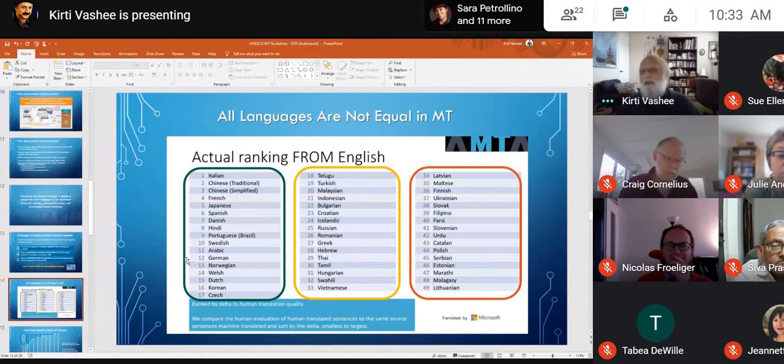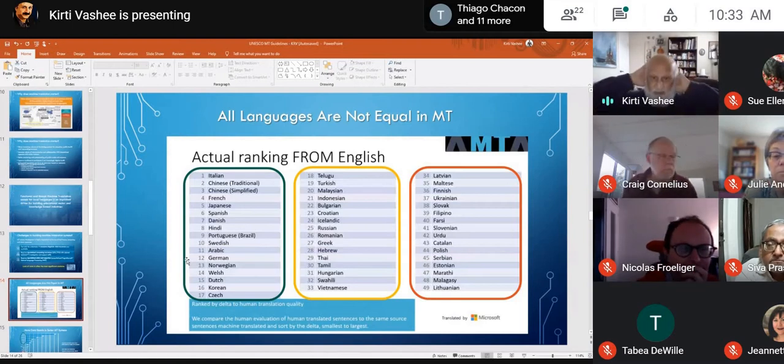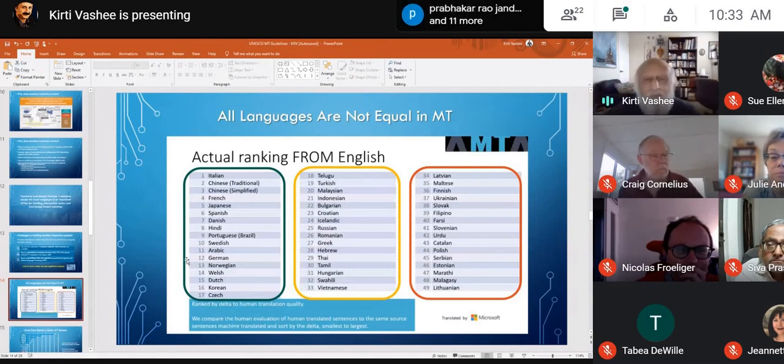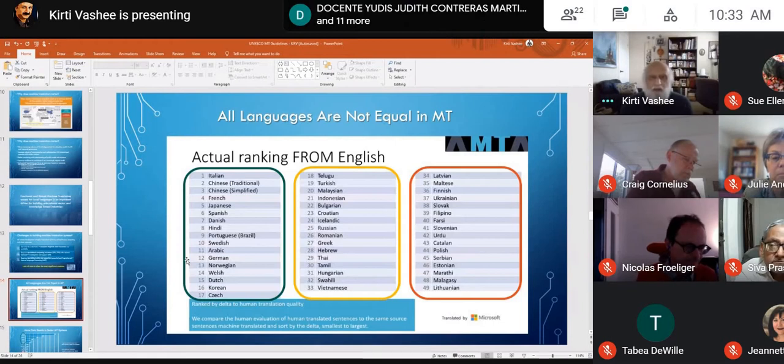So, assuming that English is a very dominant source in the digital world, because so much knowledge is concentrated there, then we see this ranking shared by the Microsoft MT team that shows which languages do best when you translate from English to the target language.